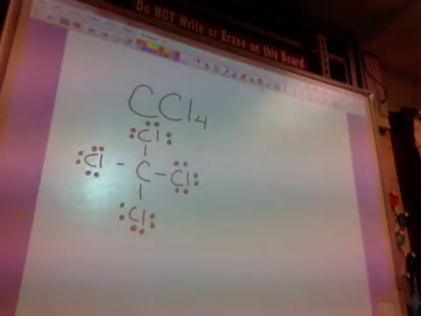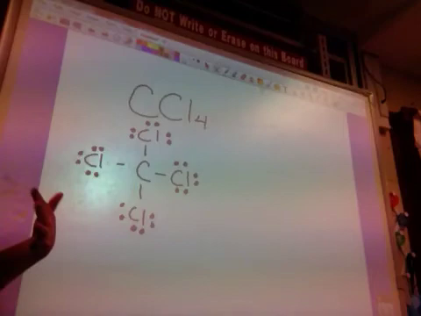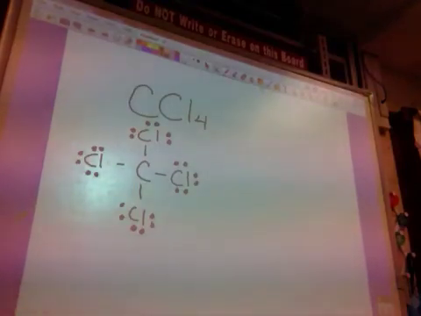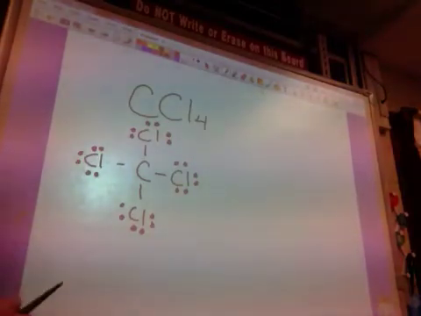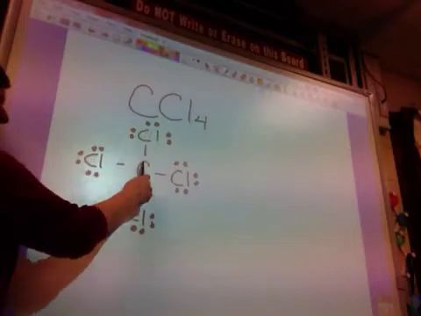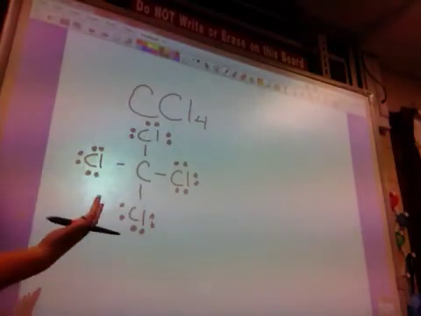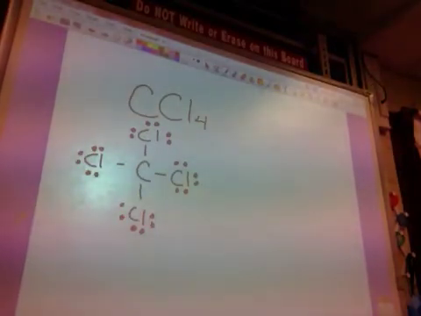Okay, so in this case, I can look at carbon and chlorine, and I know chlorine is way more electronegative than carbon. So am I going to have a partial charge here? We will. We're going to have dipoles here. And each of these bonds are the exact same. So once I look at the bond for one, it's like I've looked at it for all of them.